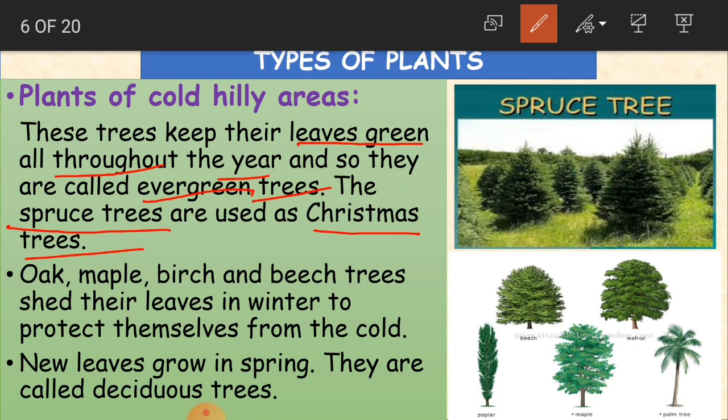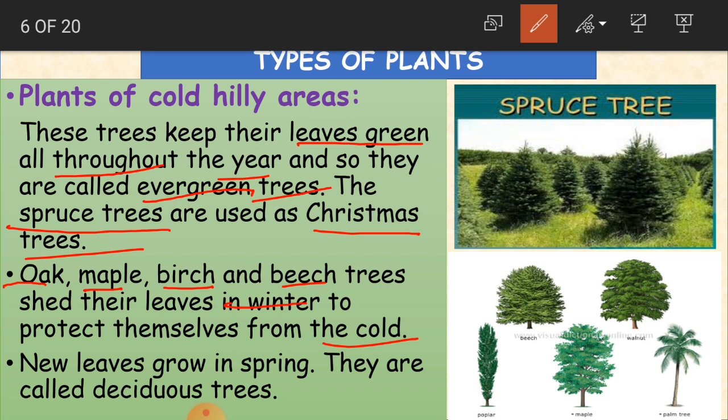Oak, maple, birch and beech trees shed their leaves in winter to protect themselves from the cold. Again, another type of trees in these cold hilly areas. What are they? Oak, maple, birch and beech. What do these trees do? They shed their leaves in winter. Why? To protect themselves from cold.